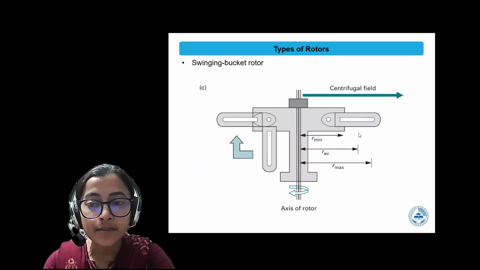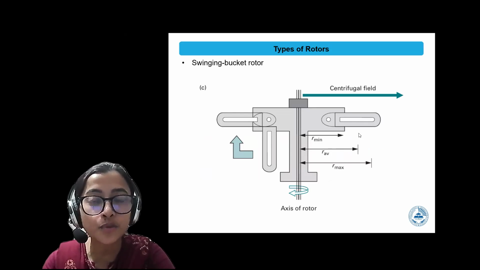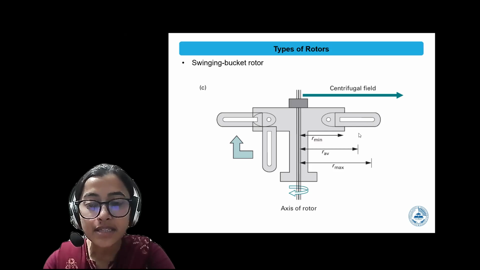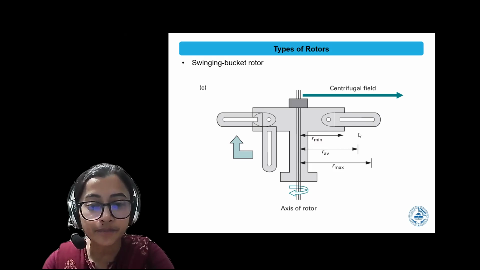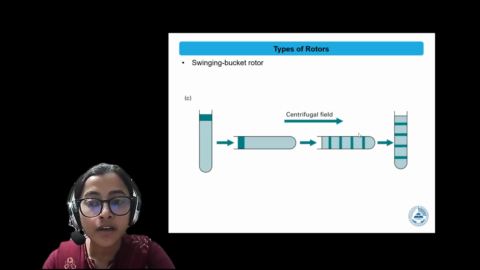Another important type is the swinging bucket rotor. In this rotor, the sample tubes are placed in buckets that swing out horizontally during centrifugation. At rest, the buckets hang vertically, but when spinning, they move to a horizontal position. Swinging bucket rotors are particularly useful for density gradient separations.